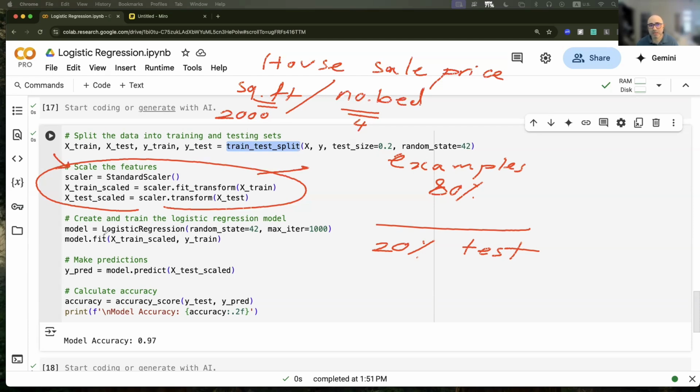So we run logistic regression and train it on our 80%. Then we predict on the test part, which is like an assignment where you don't have the solution. And we evaluate our model. We see it is 90% correct.